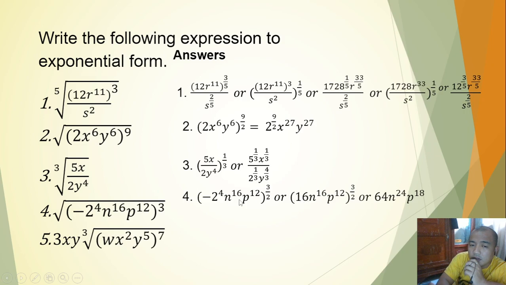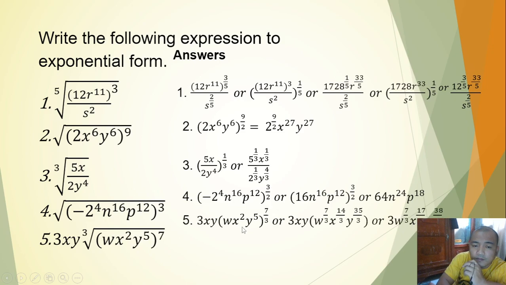Because we multiply the exponent here, 4 by 3 halves. That means 4 times 3 halves is 6. 2 raised to 6 is 64. Or here in 16, 2 raised to 4. 4 times 3 halves is 6. So 2 raised to 6 is 64. 16 times 3 halves is 24. 12 times 3 halves is 18.